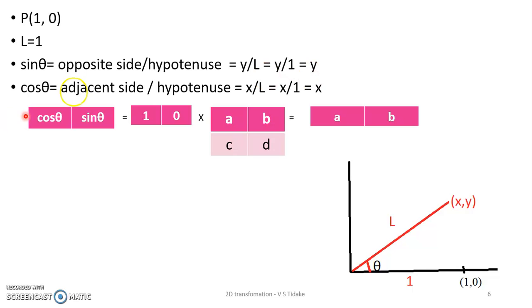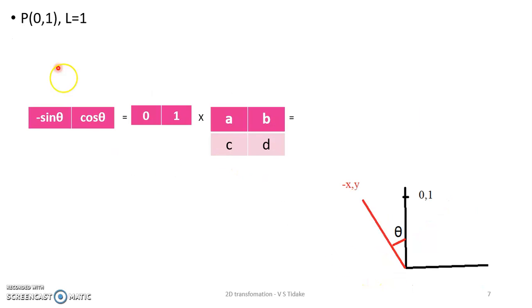And cos theta will be calculated as adjacent side upon hypotenuse, that is x upon L, but here L is 1, so x upon 1 equal to x. That is our new point will be x, y after the rotation by angle theta with respect to origin.